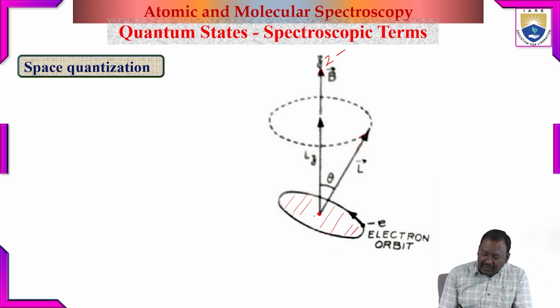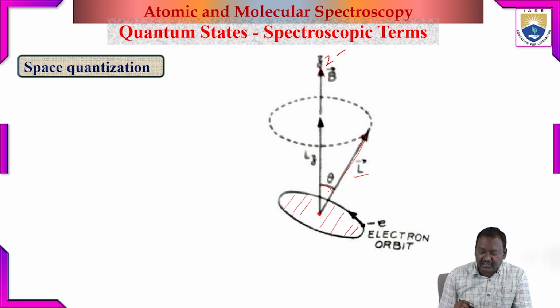The orbital angular momentum is in this direction, represented by the orbital angular momentum vector L bar. The magnitude of orbital angular momentum is given by the length of this vector, and it makes an angle theta with the applied magnetic field.